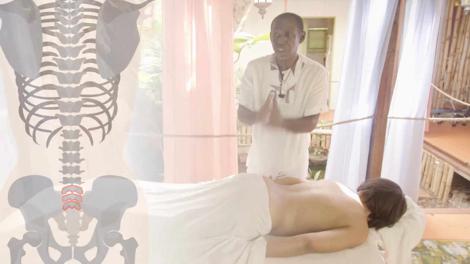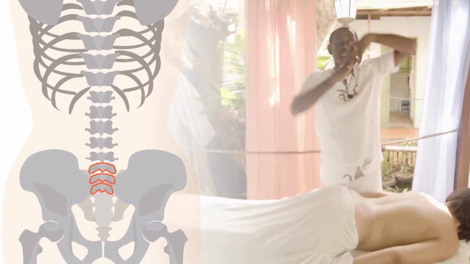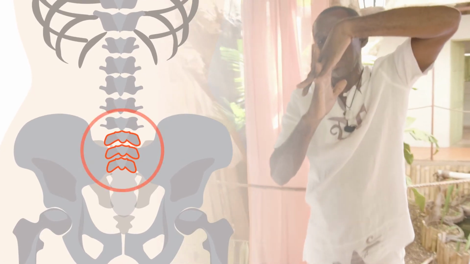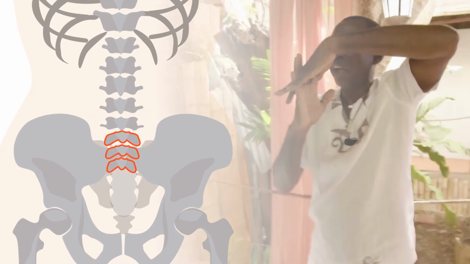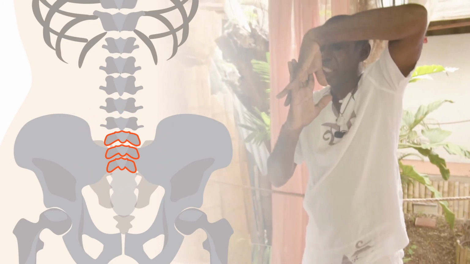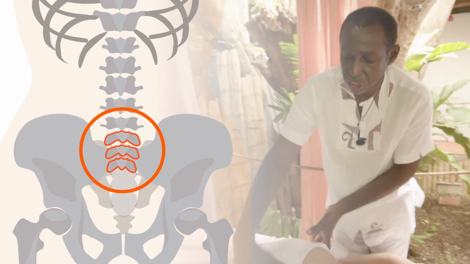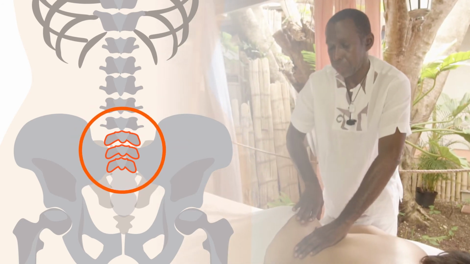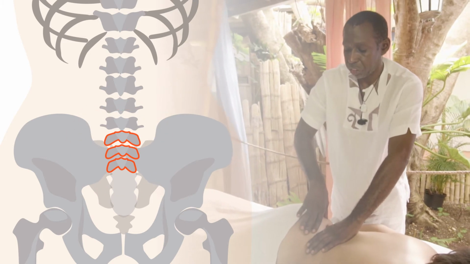The hips are a very important part of the body. Imagine this is our upper half and this is our lower half. So the body stands like this. Everything that you do affects the hips. You sit down, it affects the hip. You stand up, it affects the hip. So this part of the body, the gluteus maximus, lower back, which is also the hip component, is always under a lot of stress.